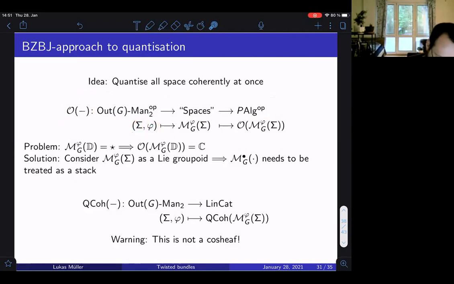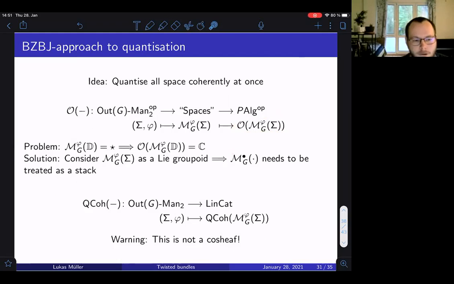And this gets mapped to some type of spaces, which I'm not going to be precise about, and just sends it to this moduli space of twisted bundles on sigma. And then I can map it to the functions on this space, which is a Poisson algebra. So I could try to deform this whole functor at once.